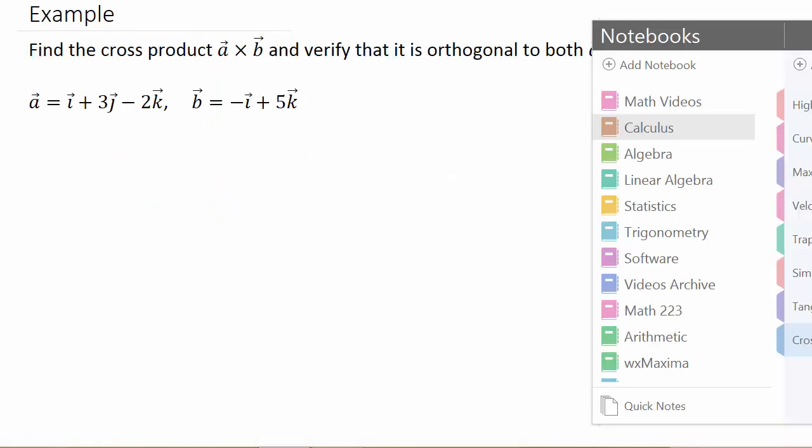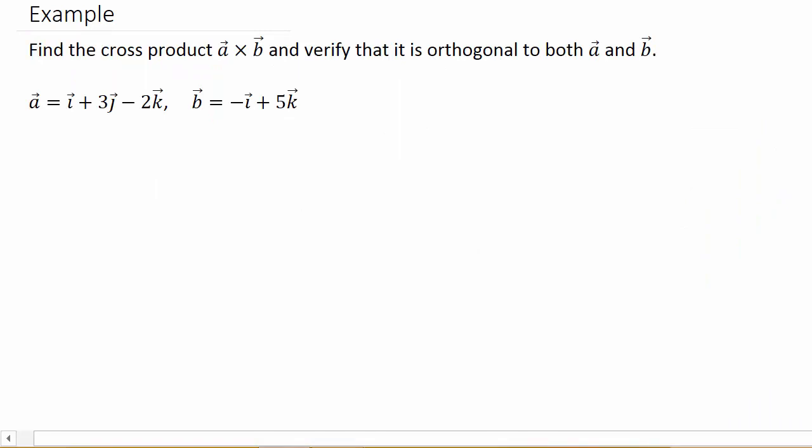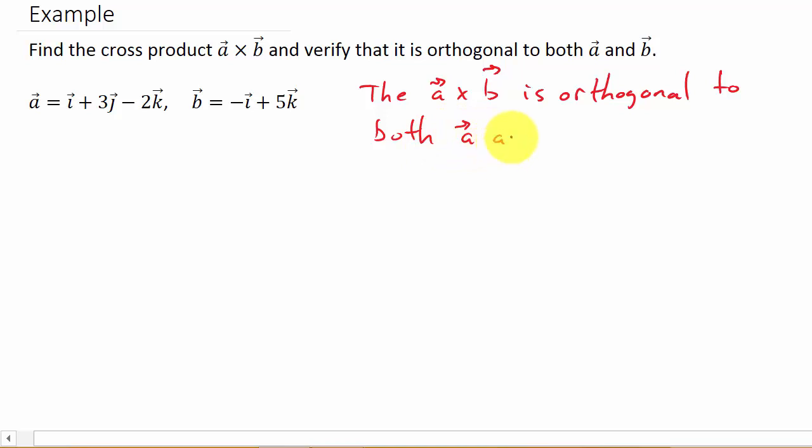So let's look at our example. We want to find the cross product of A and B and verify that it is orthogonal to vectors A and B. There is a theorem that says that the cross product of A and B is orthogonal to both vectors A and B. So we're going to find the cross product, and we know that it will be orthogonal to vectors A and B, but we're going to show it.